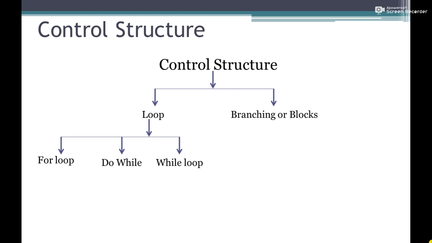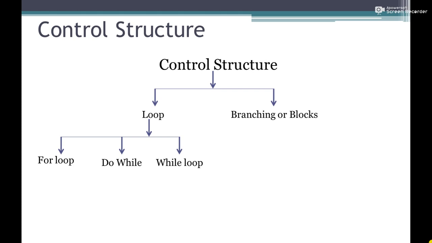When we execute the statements, it then checks the condition. If the condition is false, it will terminate, and if the condition is true, then the executed statement will be displayed in the output.